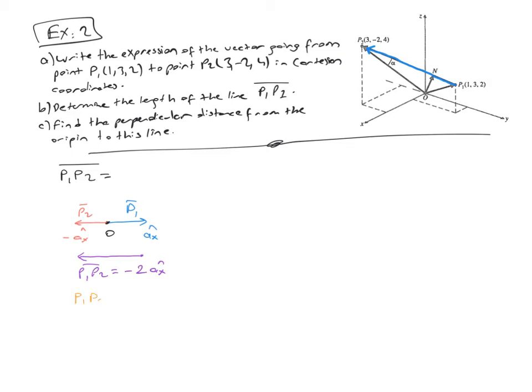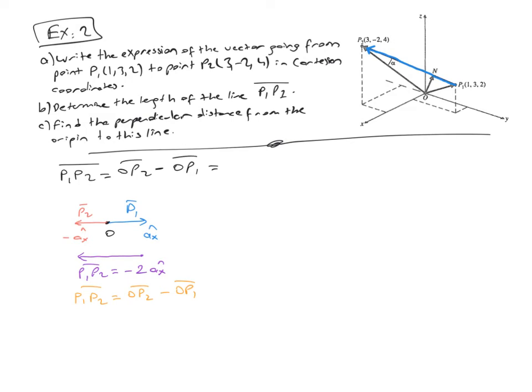By investigating this simple example, we see that vector P1P2 is equal to vector OP2 minus vector OP1. And O represents the origin here. Let's turn back to our example. Vector P1P2 is equal to vector OP2 minus vector OP1.